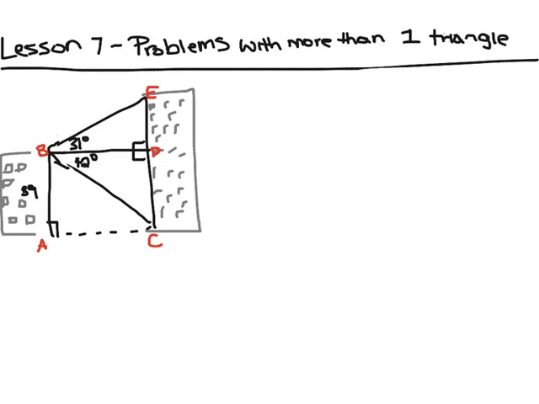So our first step is to notice that we have a 90-degree angle right here. So angle B will be equal to 90 minus 42, which is 48 degrees. From this, we can find the distance between the two buildings.